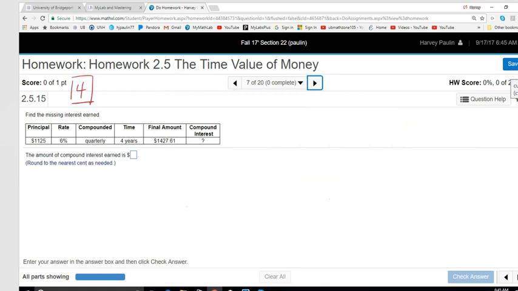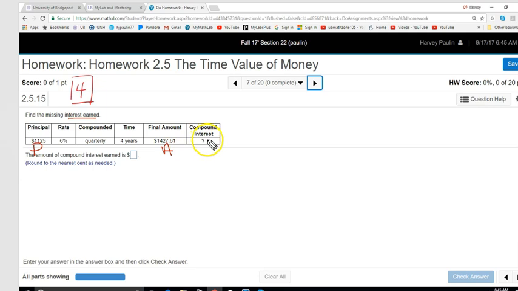Now, part of any math course is, of course, reading the example carefully and then answering what they're asking as opposed to what you think they're asking. So here it says find the missing interest earned. So as you look through this little chart, they're saying there's the compound interest. Now they're giving you the future amount, A, and they're giving you the principal, P. Well, how do you find the interest?